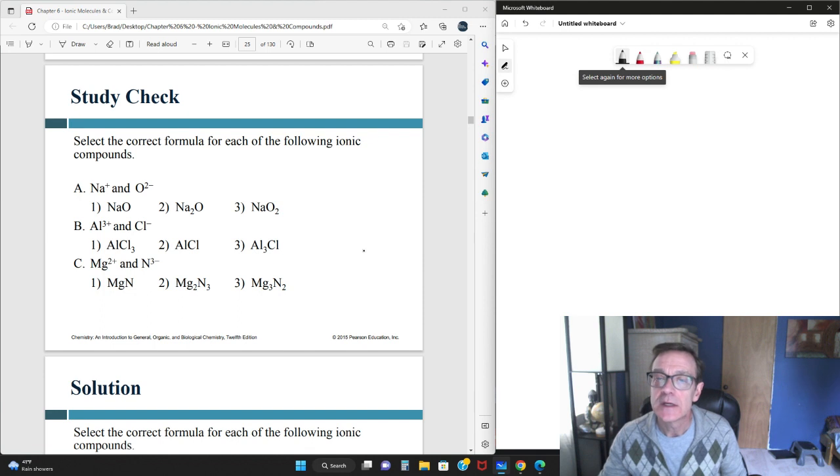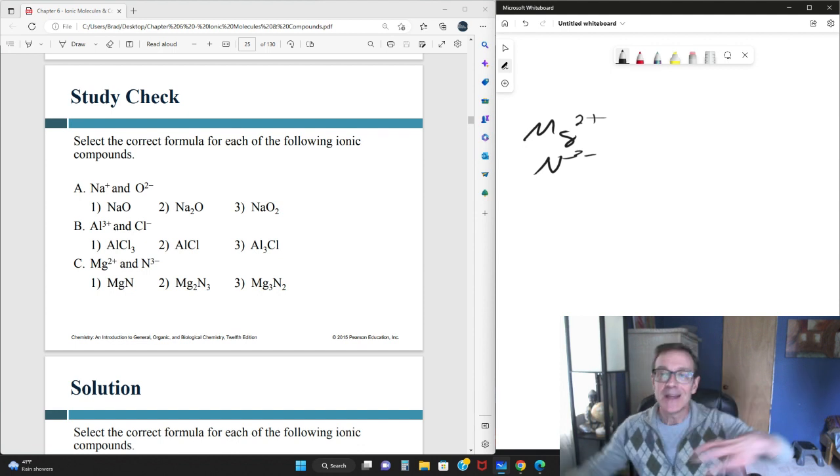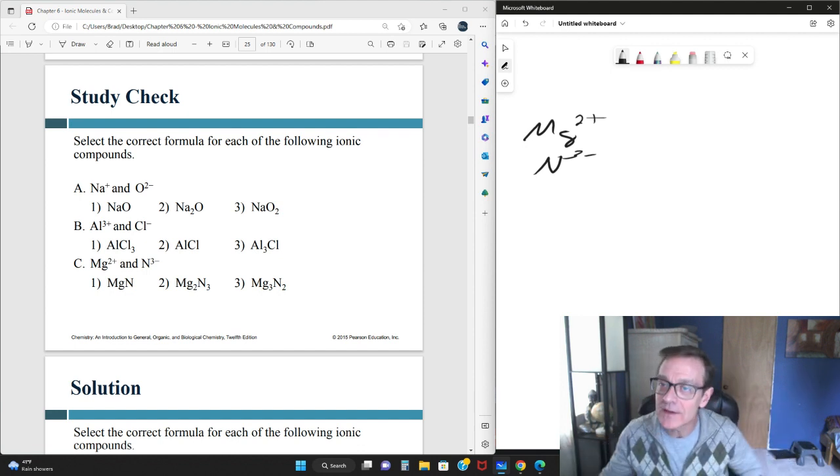Okay. So we have magnesium, the 2 plus charge, and then nitride with a 3 negative. You can't just cram those together nice and easy. So follow along here, little arithmetic. You know it's not number one because they don't balance.